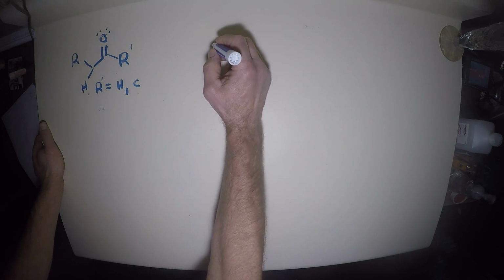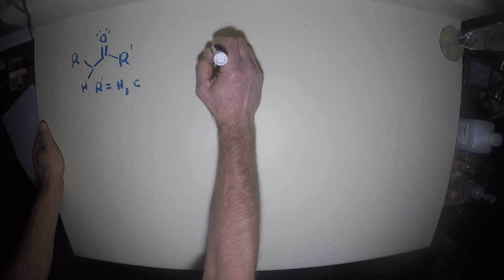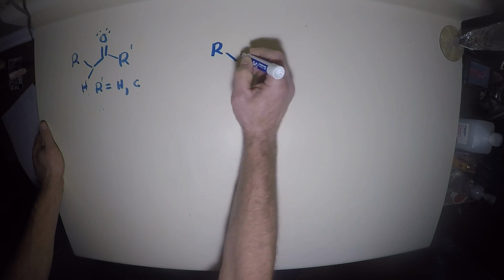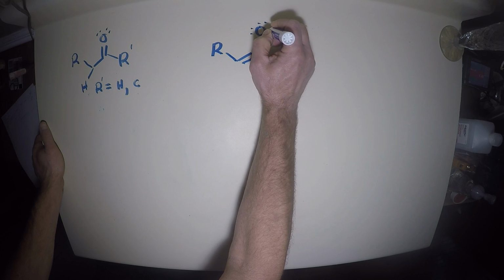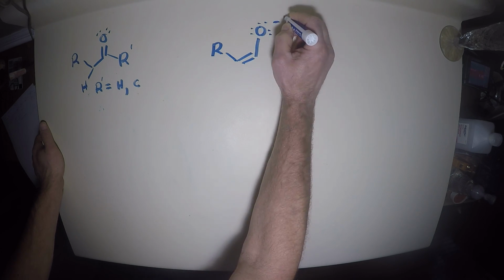from either an aldehyde or a ketone in either acid or base, we can form the corresponding enol or enolate. So pictured here would be the enolate.